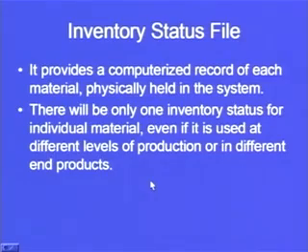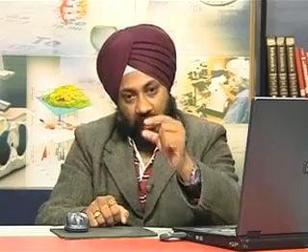Now in the previous slide we have seen product A only. Suppose the company is manufacturing different products like product B, product C, product D. Now for different products the same material can be used, but the inventory status will be singular only, or an individual material will have only one inventory status, that is clearly mentioned in the second point on your screen.